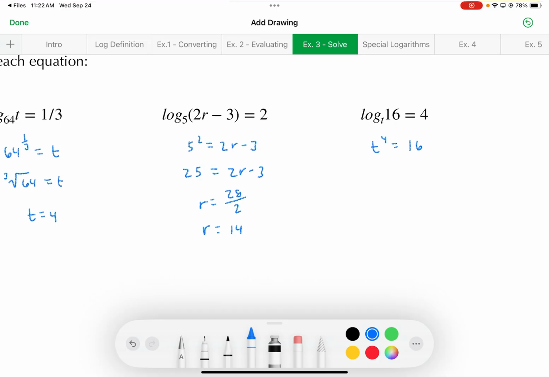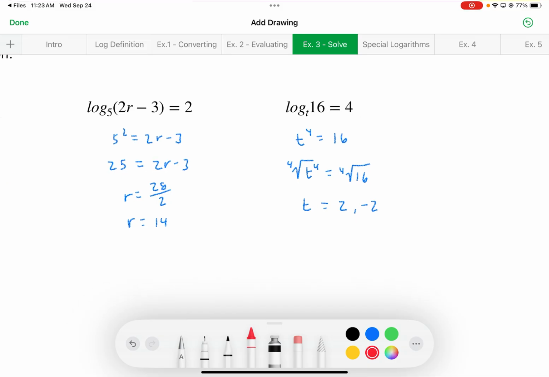Okay, t to the 4th power equals 16 is next. To solve for t, we can take the 4th root of both sides. What's the 4th root of t to the 4th? Just t. What's the 4th root of 16? Technically, it's 2 or -2, yes?